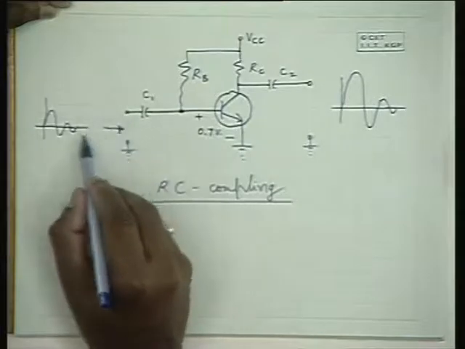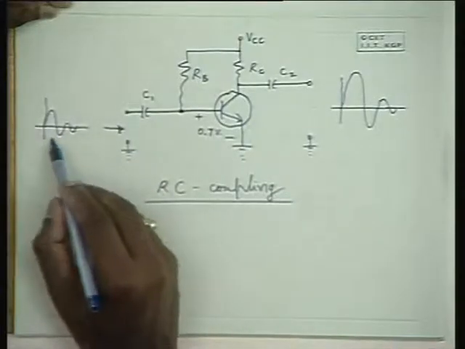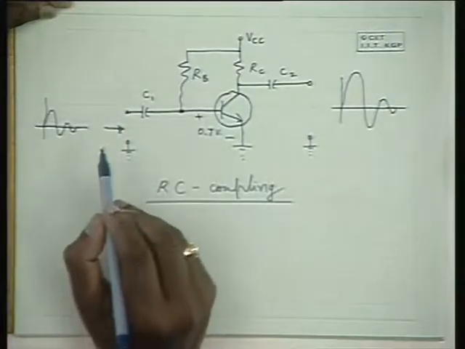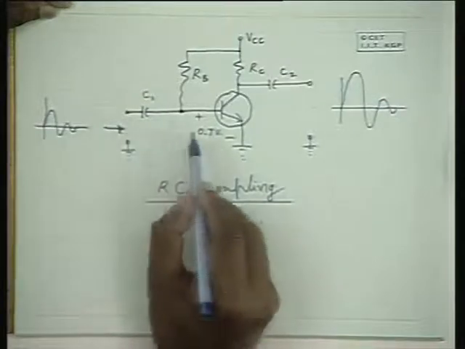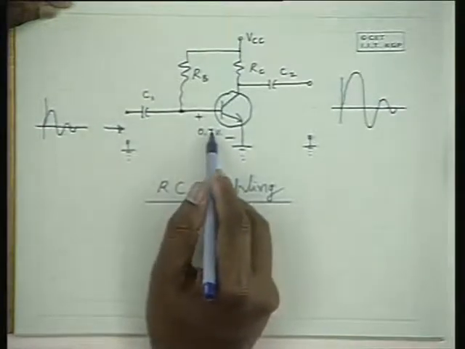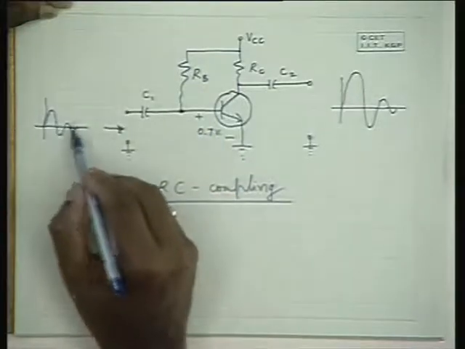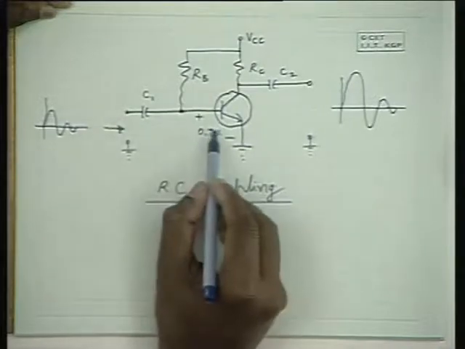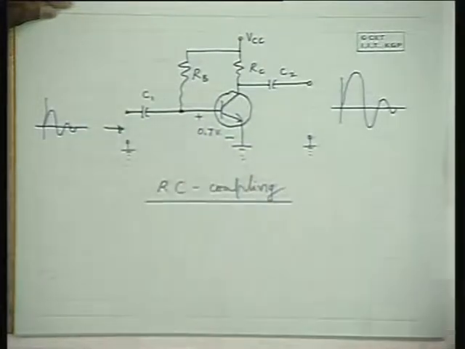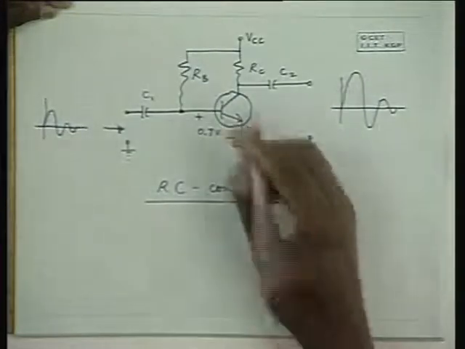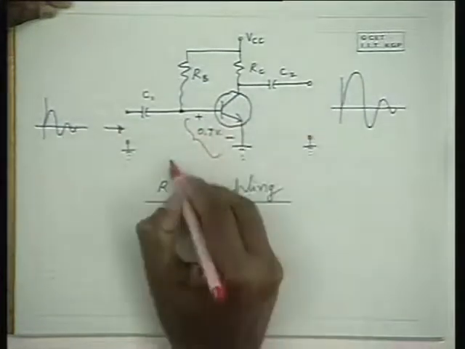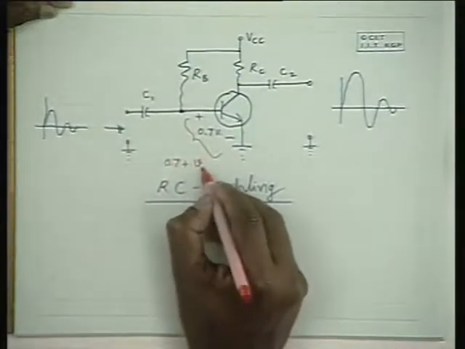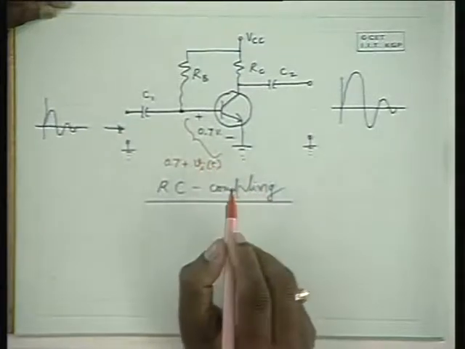And you look at the left side, here the signal is totally alternating. It has 0 DC component. Now this side the DC is 0, and this side the DC is 0.7 volts. Whatever is the alternating signal which we are going to add now, we want to add it to this 0.7 volts. So we want to make this voltage effectively equal to 0.7 plus some small alternating voltage.